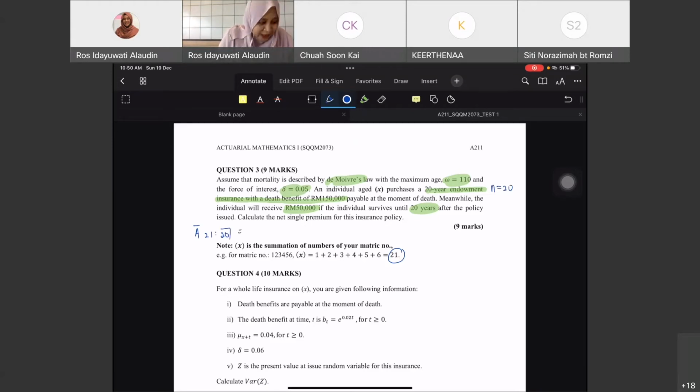So endowment we have term, and also we have pure endowment. For term insurance, it's for death benefit, and the pure endowment is for the survival benefit. So we have 150,000 for the term.